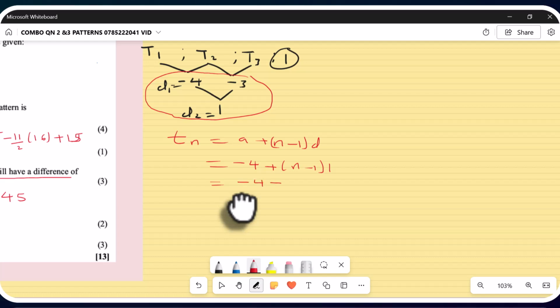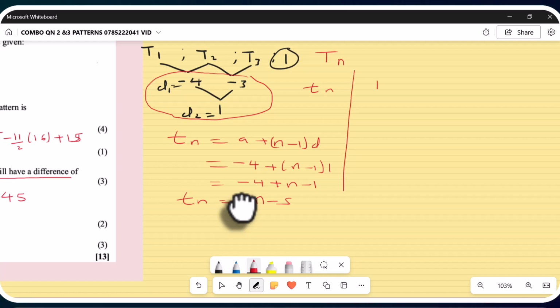For example, Tn minus Tn minus 1, in this case, is going to give me the smaller t. So in other words, I'm going to equate the 45 to the tn, which is this n minus 5.